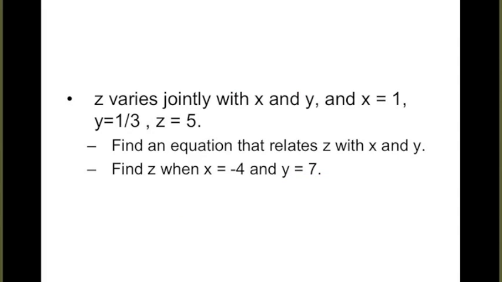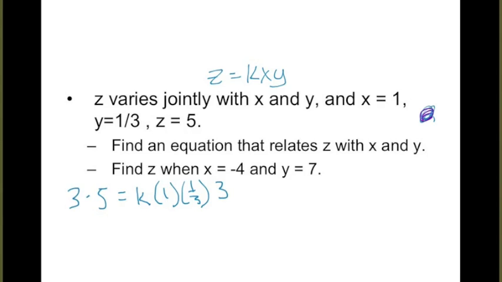Okay, one last example to try. So we're going to begin with our joint variation equation that z is equal to kxy, and plug in our given values. Z is 5, x is 1, and y is 1/3. So to solve this for k, I'm going to multiply both sides by 3.